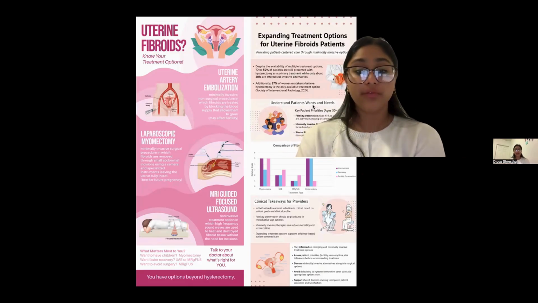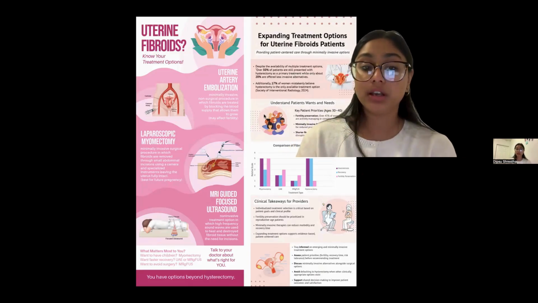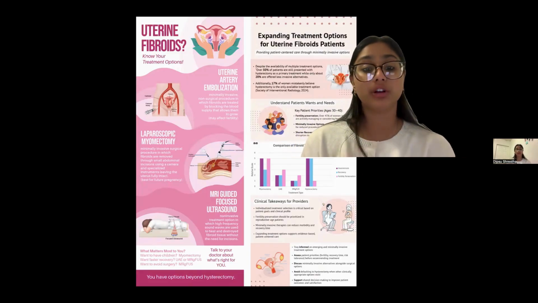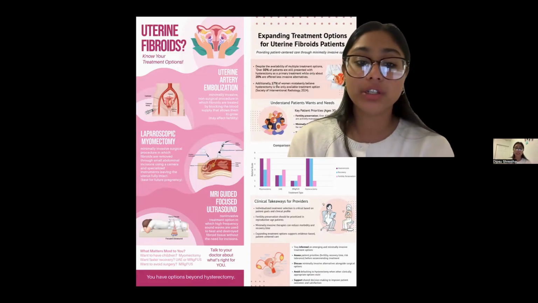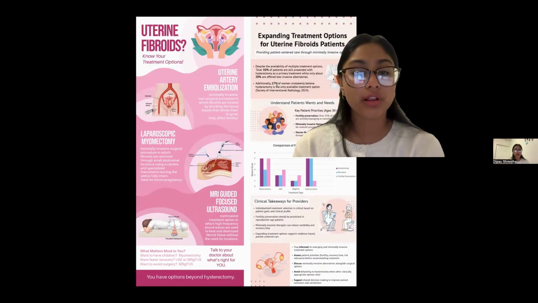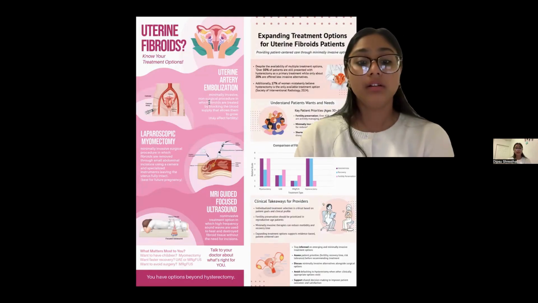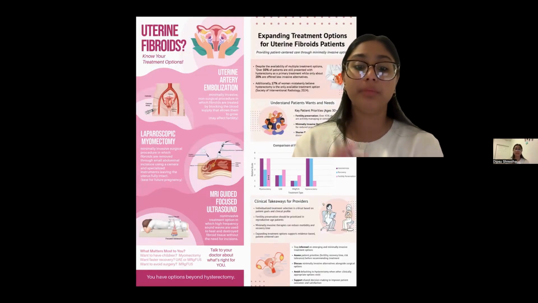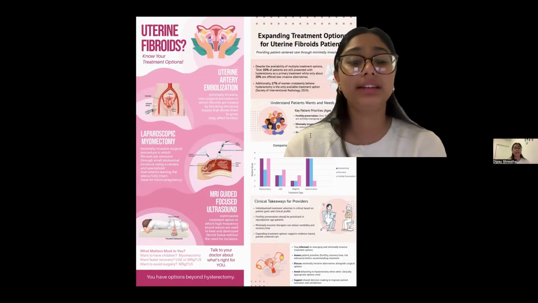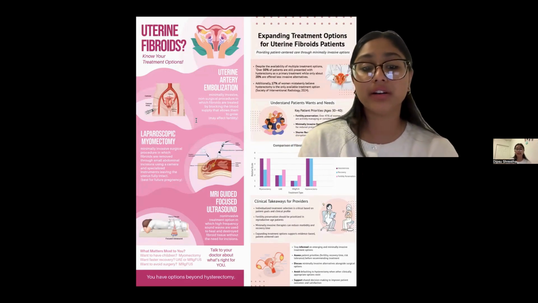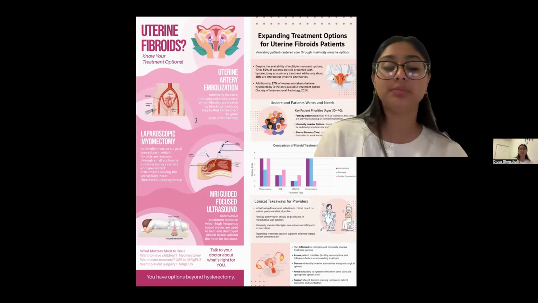Whereas the provider infographic uses more neutral colors. It has structured sections and clearly labeled headings, which creates a more professional and organized appearance. The inclusion of the bar graph and bullet point recommendations makes it more analytic and aligns with how providers have been taught to process information.